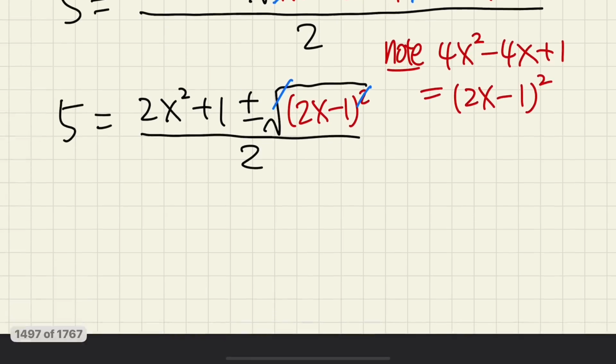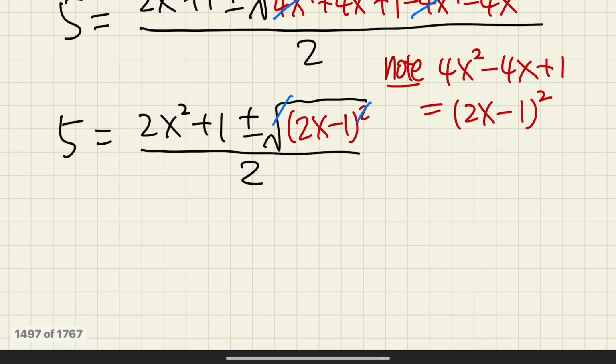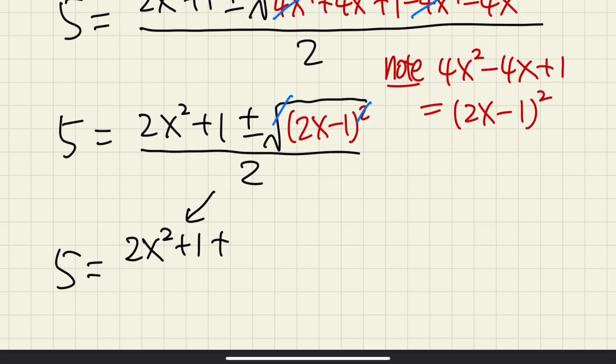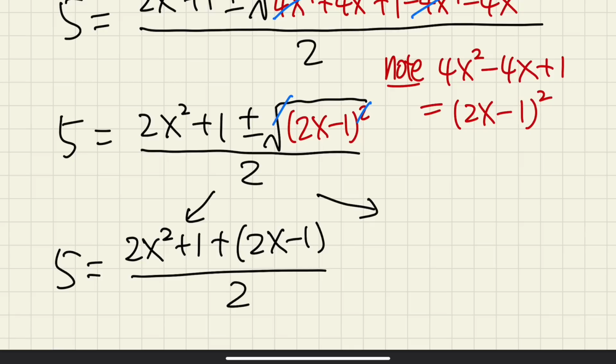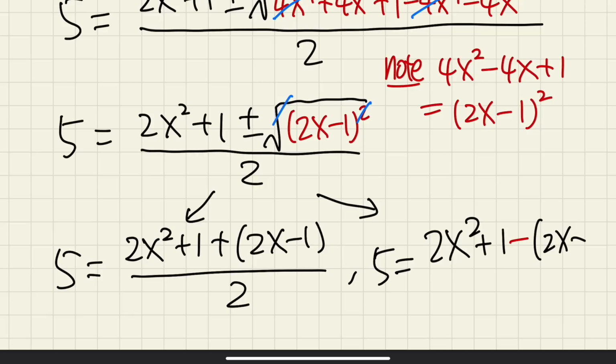And then let's just go ahead and split the equation. So we have to look at either 5 equals 2x squared plus 1 plus just 2x minus 1 all over 2, or the other equation with the minus. So 5 equals 2x squared plus 1, and this right here, minus 2x minus 1, and then all over 2.